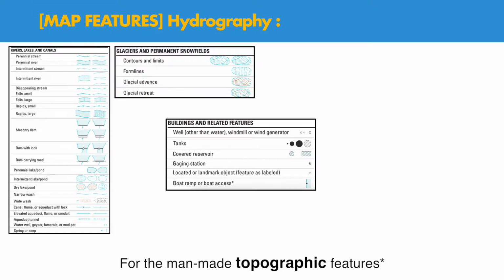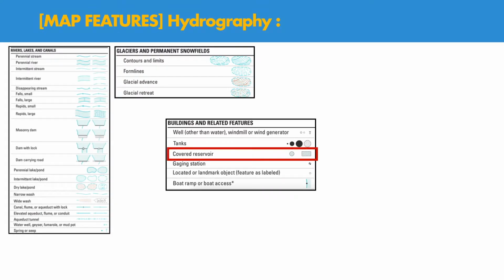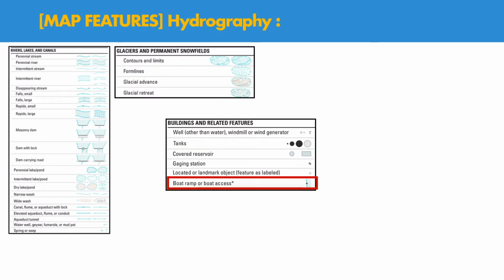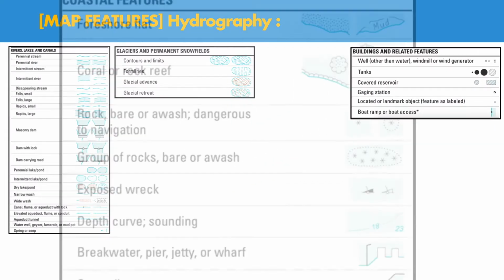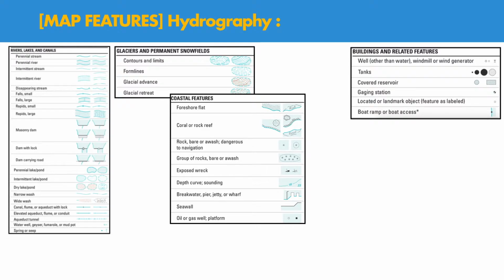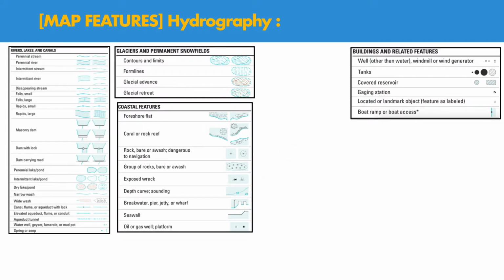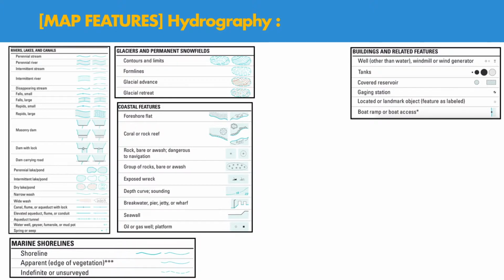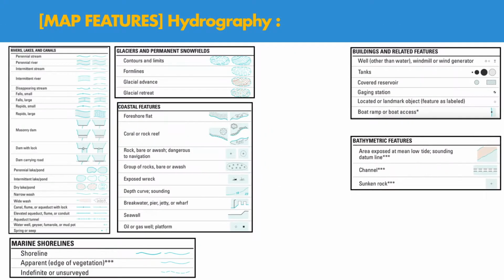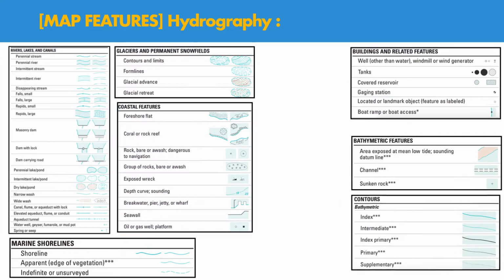For the man-made hydrography features, we have covered reservoirs here and boat access here. The last thing in hydrography is the coastal features. I see that this part of the map legend is self-explanatory. If you want this USGS map legend, you can find it below the video.